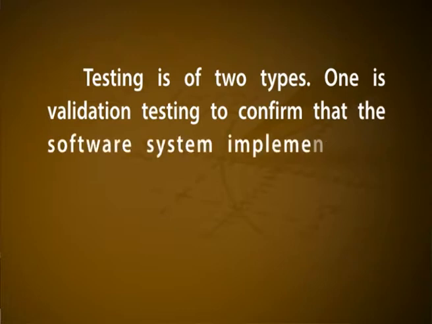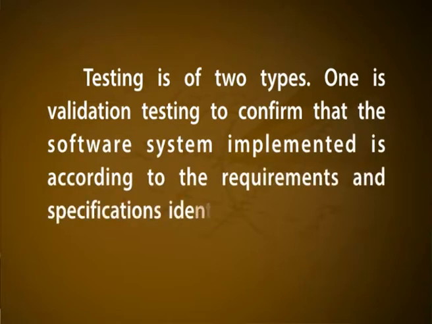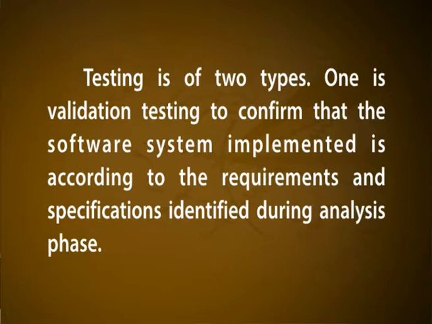One is validation testing, to confirm that the software system implemented is according to the requirements and specifications identified during the analysis phase. The other is defect testing, to identify and correct errors in the program. But even after the satisfactory completion of the testing phase, it is not possible to assure that a program is error-free.